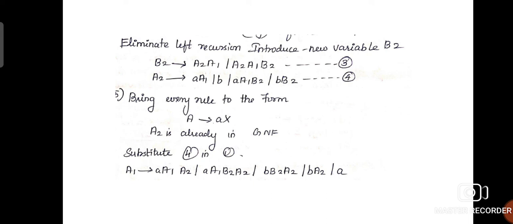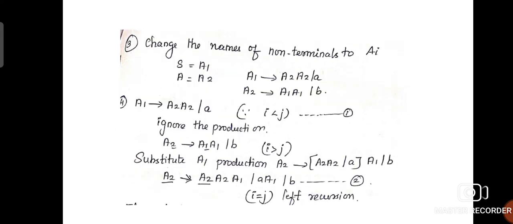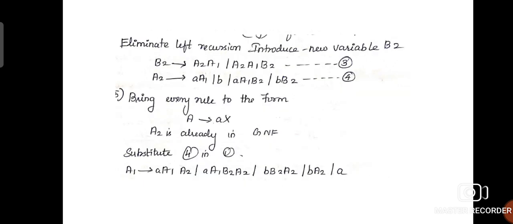Now we will try to make every rule into the form A tends to a X. We will substitute equation number 4, that is, we will substitute A2 in A1. Now we will get the new A1 production rule with all the right hand sides satisfying our GNF form.